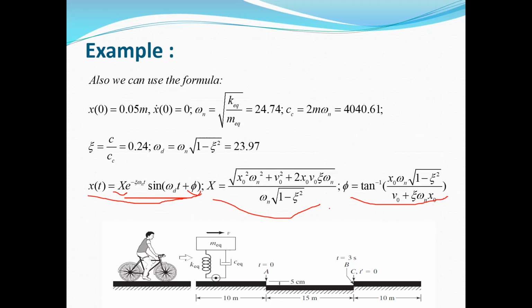For example, if you directly substitute x naught, omega, v naught, and the damping ratio psi into the formula, you need to explain how you are using it.